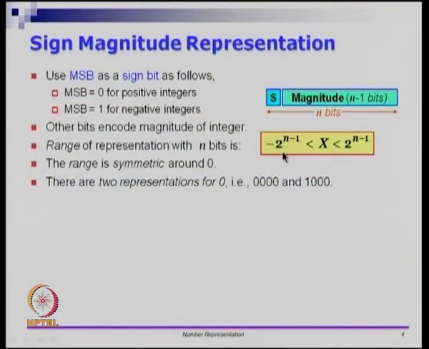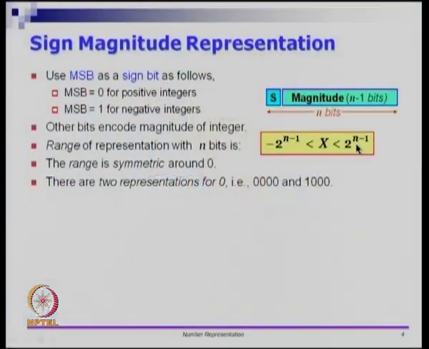We should be able to represent numbers from minus 2 power n minus 1 all the way to 2 power n minus 1, and since we have this restriction, if I give you a 4-bit vector in unsigned representation, you can only go from 0 to 15, you cannot go to 16. So that is why you have x strictly less than 2 power n minus 1 here, and x strictly greater than minus 2 power n minus 1.